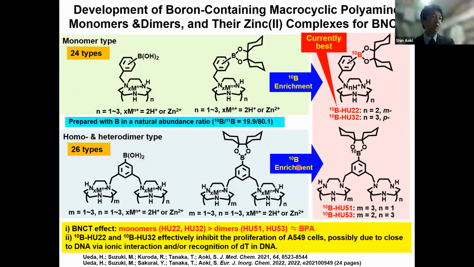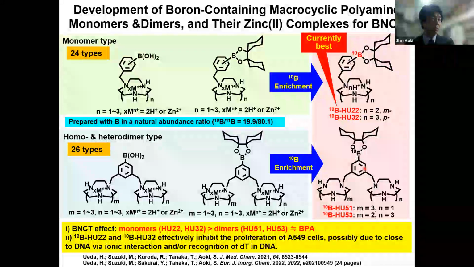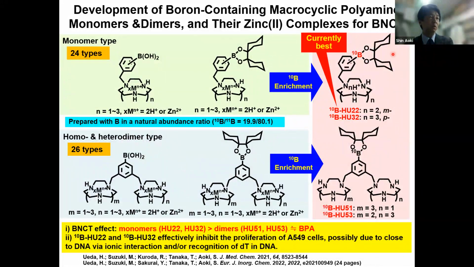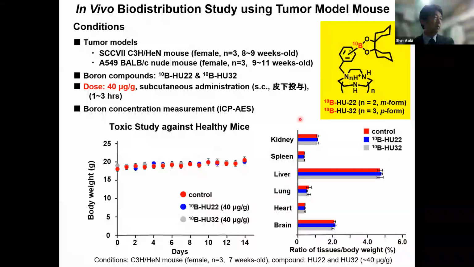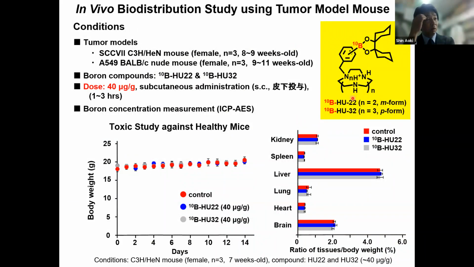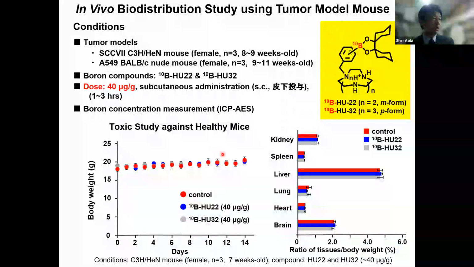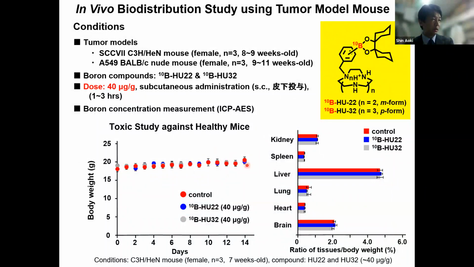And we carried out the synthesis of the boron 10 enriched compounds and found that this monomeric compound has the highest BNCT effect among these about 15 macrocyclic compounds having the boron unit. Recently, we tested this compound in tumor-bearing mouse models and found that this compound, boron 10 enriched HU22, is not so toxic against the cancer-bearing mouse models.